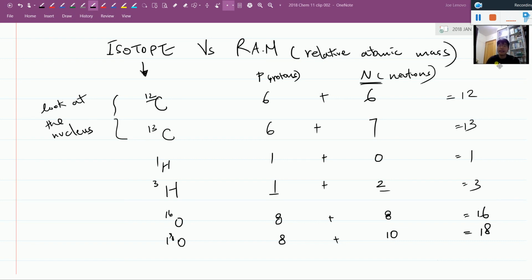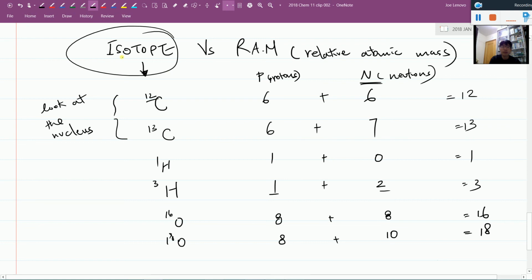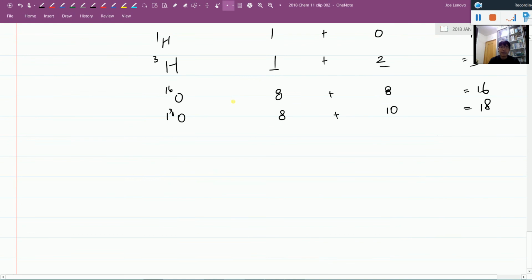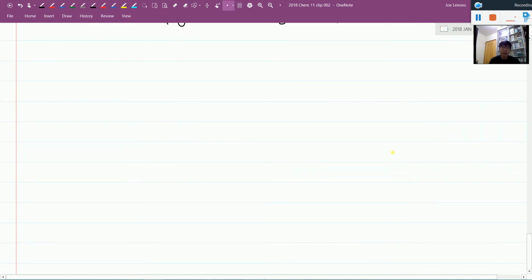So can you see that isotopes are just the same element with different numbers of neutrons in their nucleus? Then what's the relationship between isotopes and relative atomic mass?